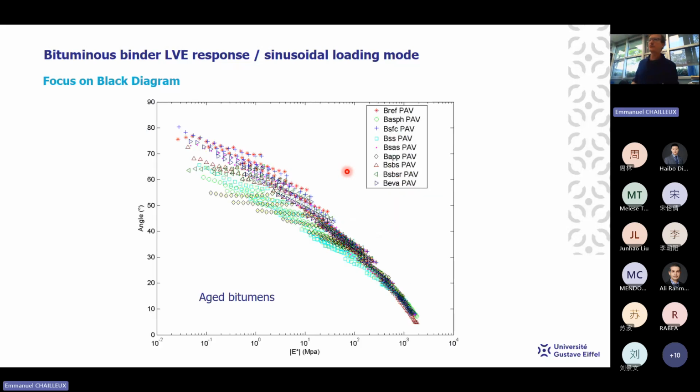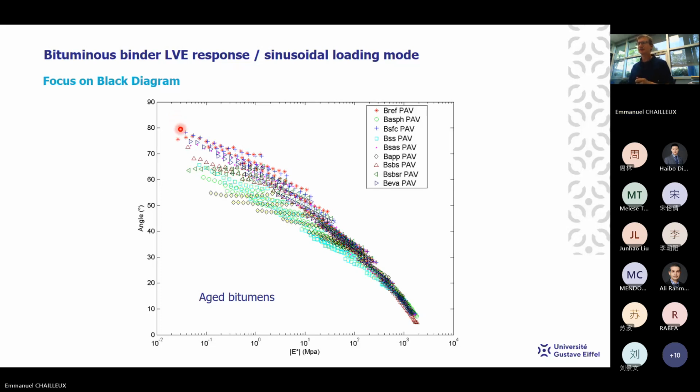Here I show you some black curves of aged bitumen. What we can observe here in the black diagram is that in the low temperature domain, we are still elastic, and in the high, we are approaching the Newtonian state.